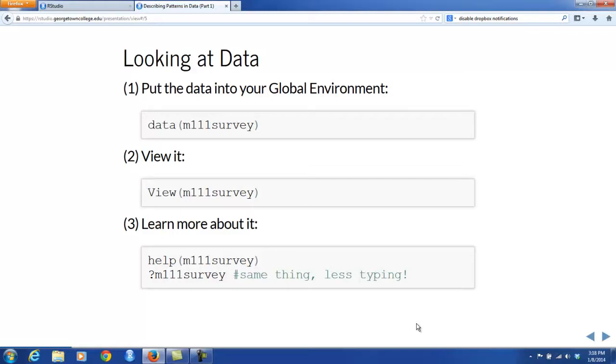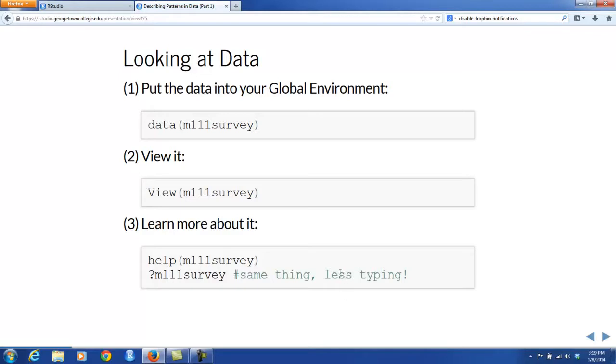Now, by virtue of the fact that the TigerStats package is already loaded into your session, this data is accessible to you. But if you want to get an explicit and close look at the data, you actually need to put it into your global environment, and this is done with the data function. For the moment, I'll just take you back to the server.